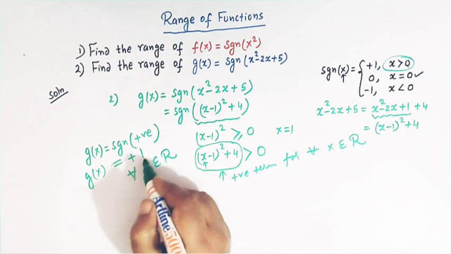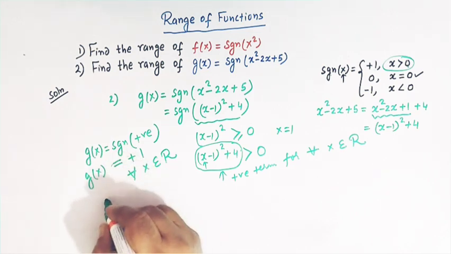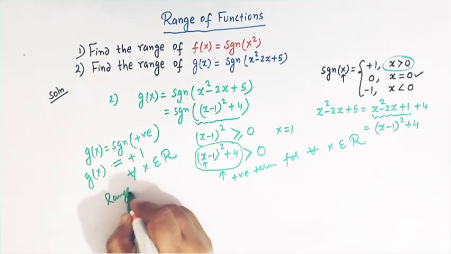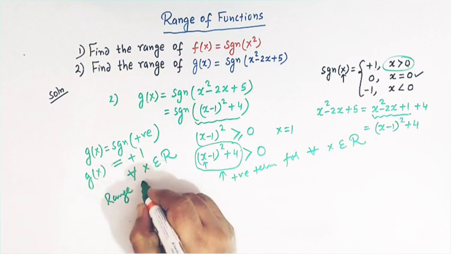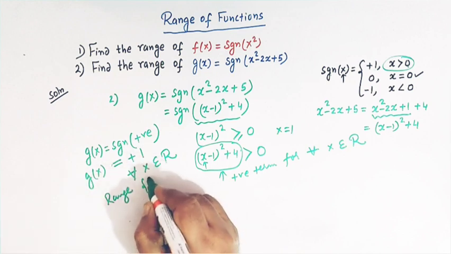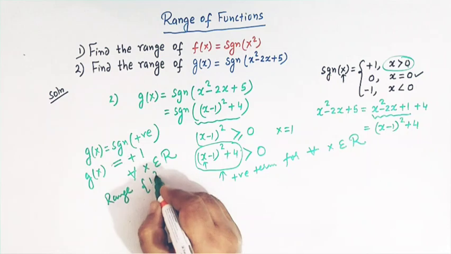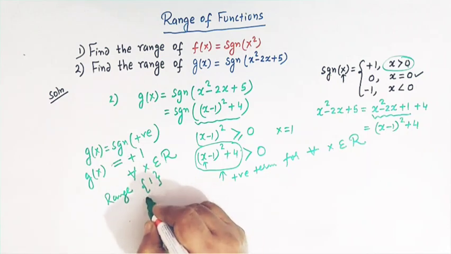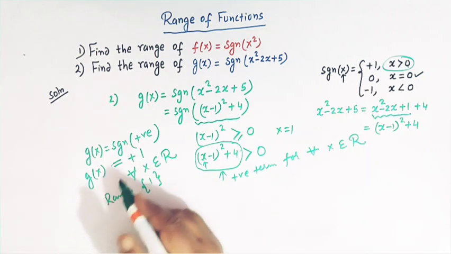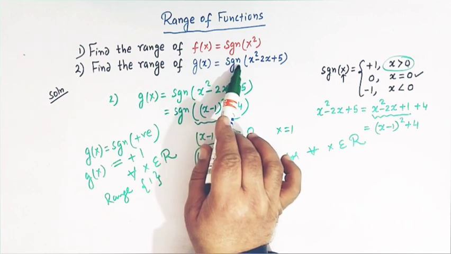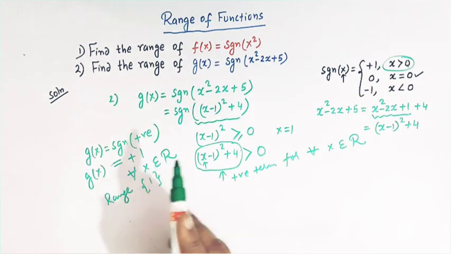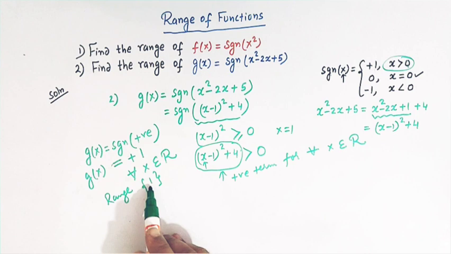This suggests that the range of the function g(x) consists of only one number, that is 1. So this is a singleton set, and the range of this function consists of only one element, that is 1.